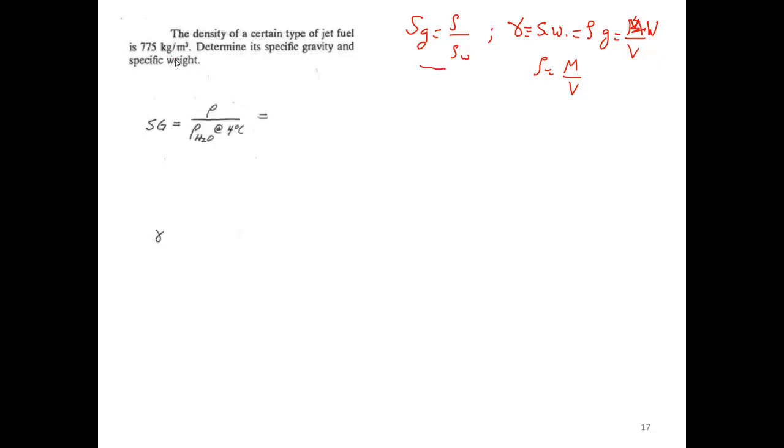The density of water they didn't really give us, so I have chosen 4 degrees Celsius, or you can use 1000 or 999 kilograms per meter cubed. It won't make a big difference in the answers. That's our reference for most of our calculations here. So that gives you 0.775.